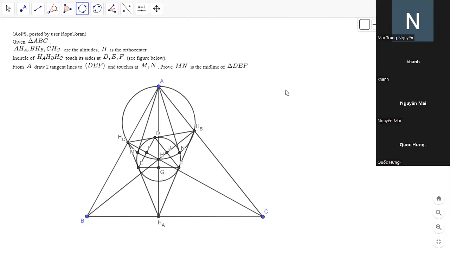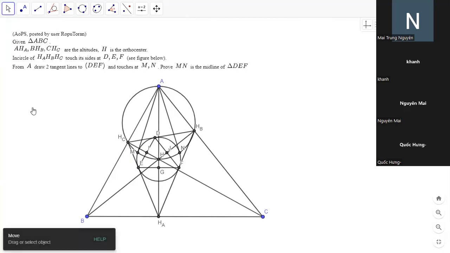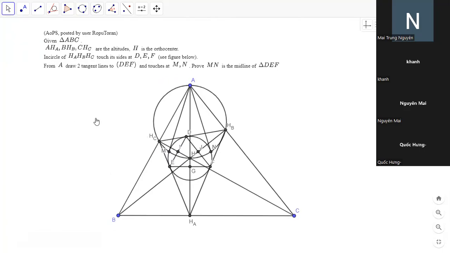Okay, I see what you're saying. So we have the power of I with respect to DEF is ID squared. And it is equal to IH times IHC because of the right triangle. Okay. So I lies on the radical axis, and similarly J.